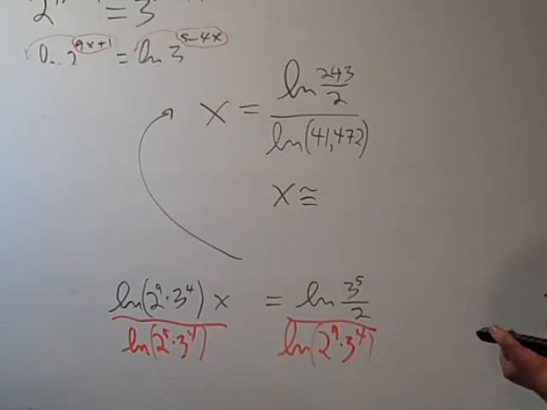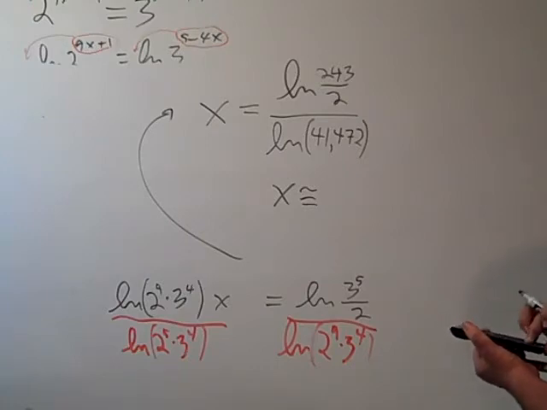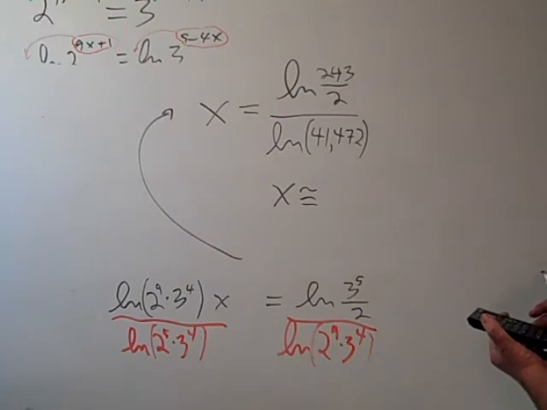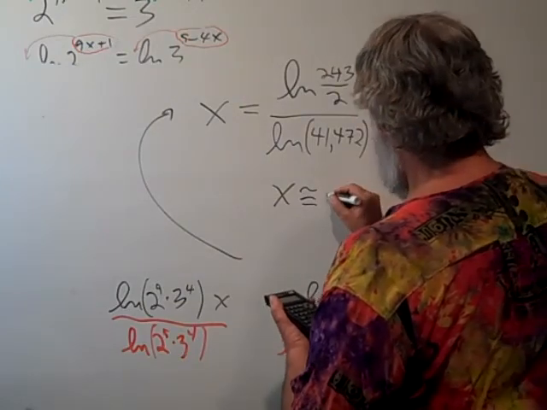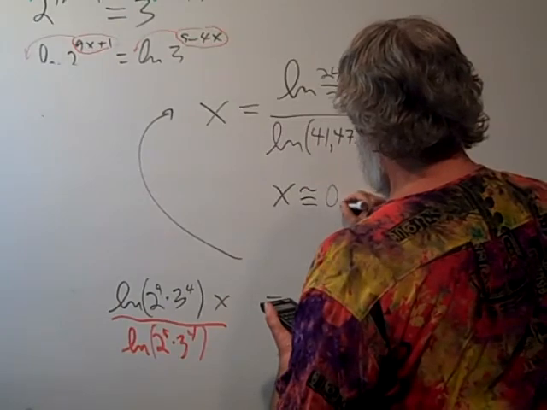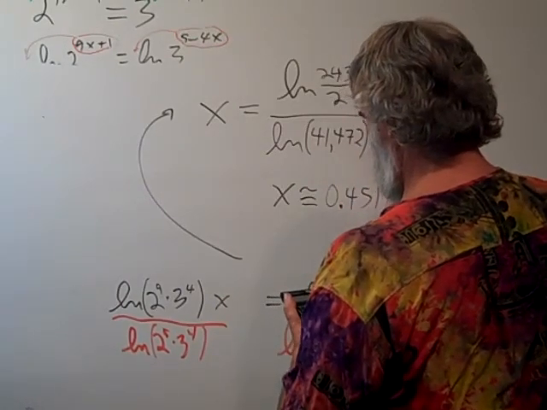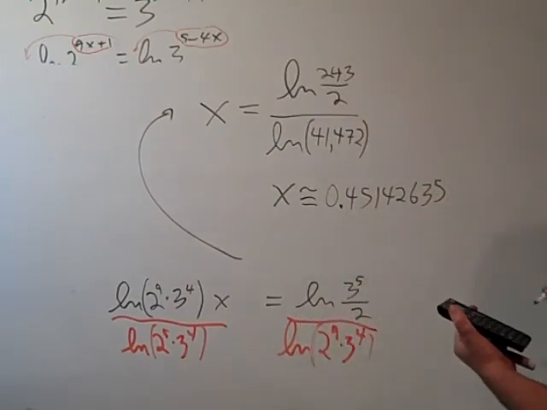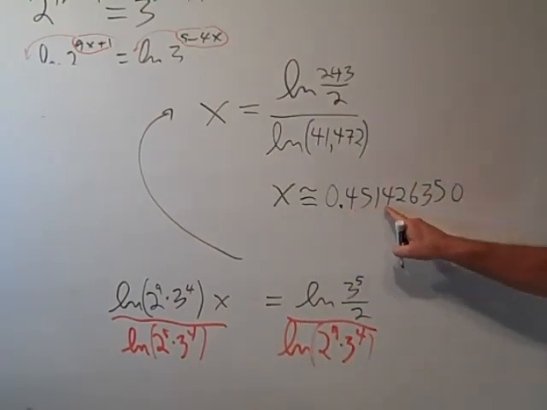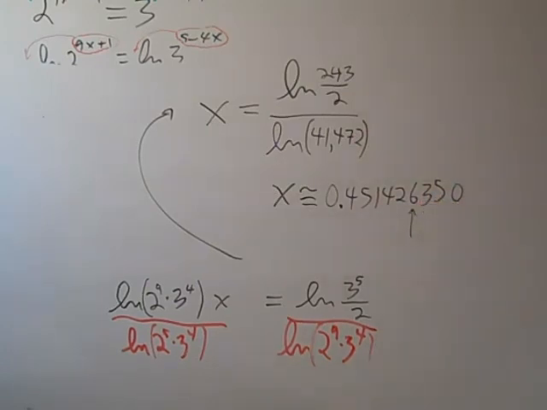Okay, now 243 divided by 2 is 121.5, and the natural log of that is 4.7999 about, and so divide by the natural log of 41,472, and we get 0.4514265. 0 is the next digit, so rounding off to the nearest millionth is this place.